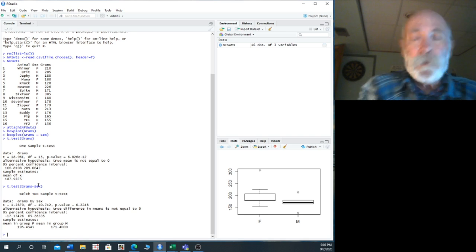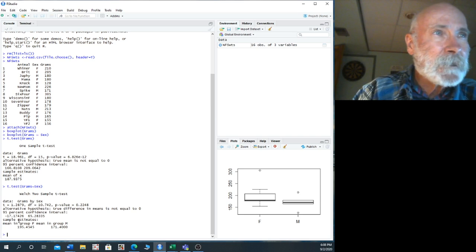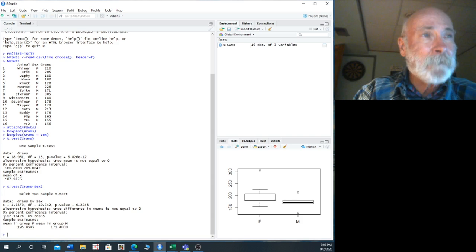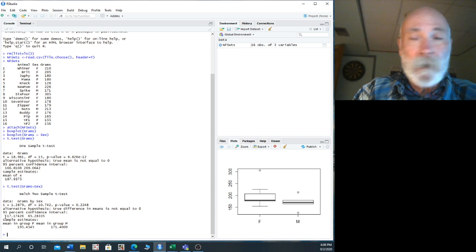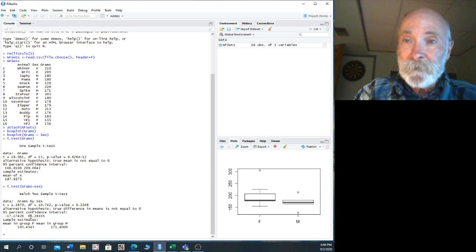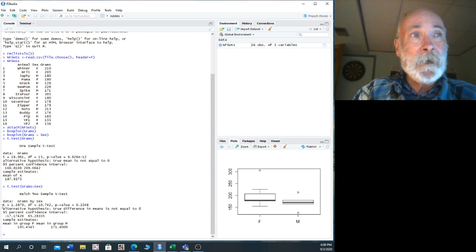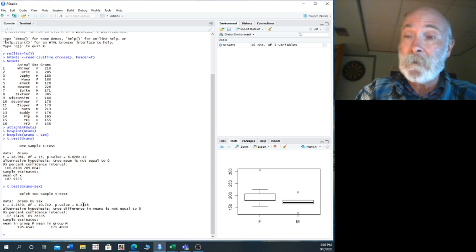Okay. And if you look at the 95% confidence interval, what you discover is that the difference lies somewhere between minus 17 and 65. In other words, the confidence interval includes 0. So if you look up here, the t-test indicates that the p-value is larger than 0.05. In other words, the t-test says there is no difference.